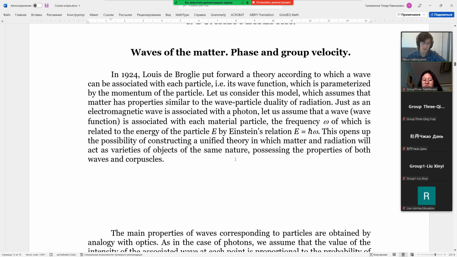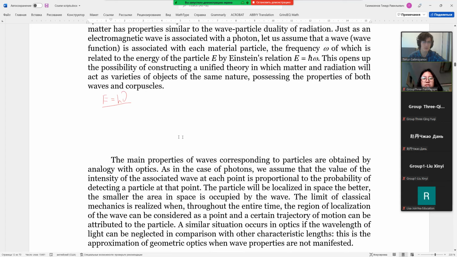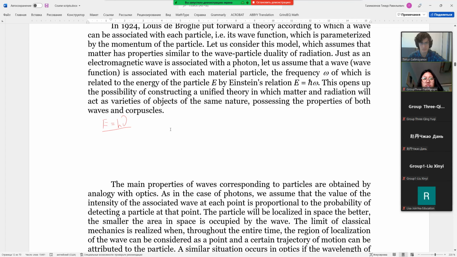The main idea was, you remember that Planck said that the energy of light can be emitted or absorbed by portions, and these portions linearly depend on the light frequency.